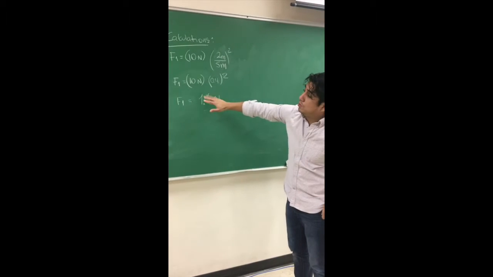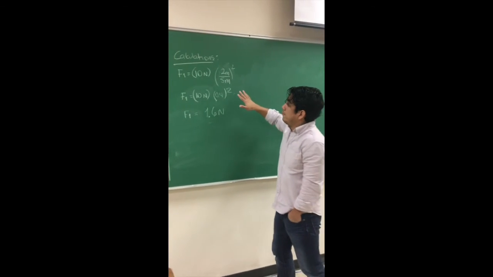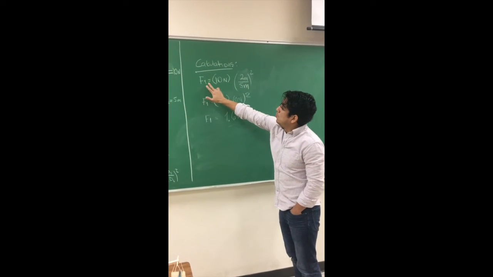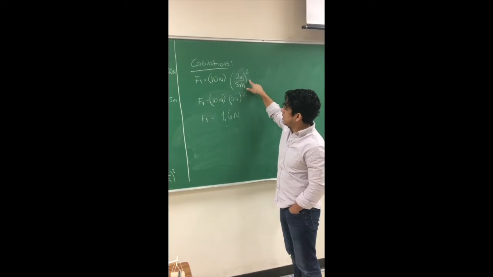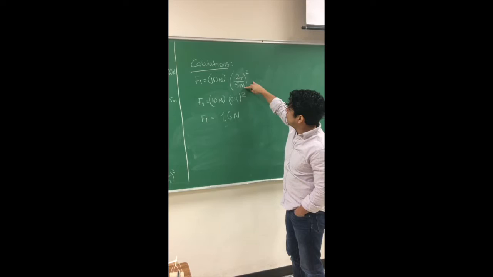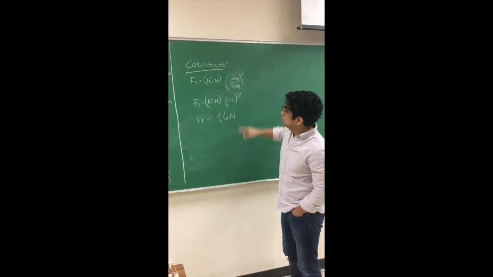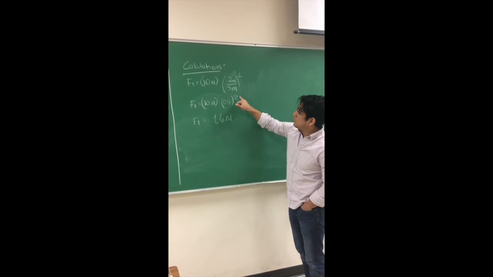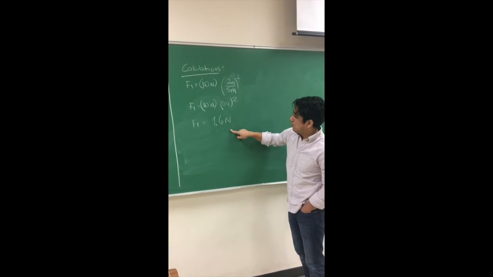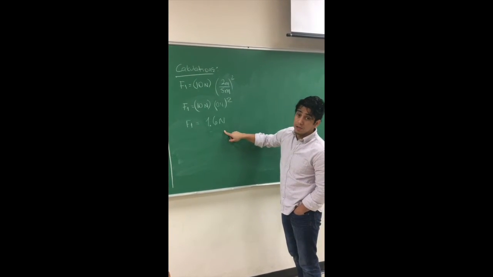So let's go ahead and do the calculations. They're already written up, so we're just going to go through them really fast. Force 1 equals the weight, which is 10 newtons, times diameter 1 over diameter 2, all this squared. So we come up with 10 newtons times 0.4 squared, which gives us 1.6 newtons.